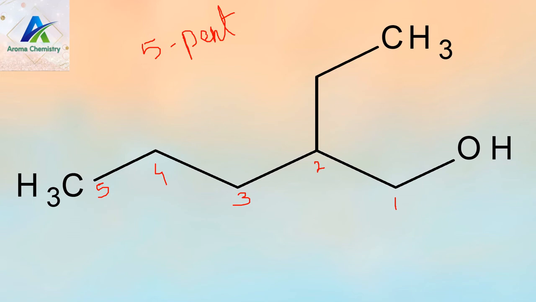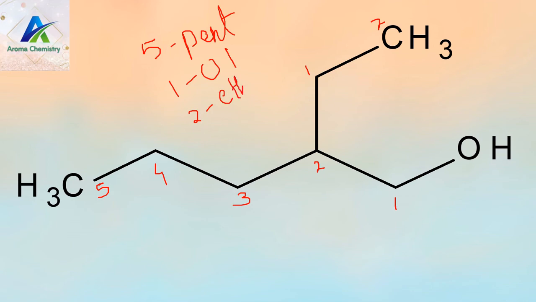Okay, then first position is a alcohol, so 1 ol. In the second position we have the substituent as 1 2 carbons are present, so 2 carbons, number of carbons is 2, so the word is ethyl.